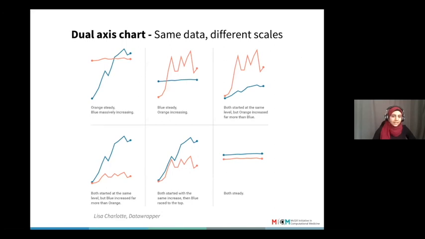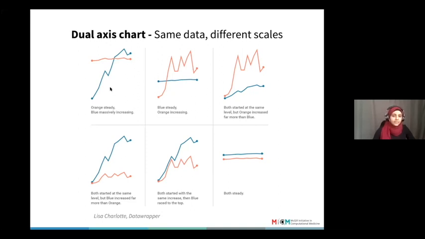A dual axis line chart is where you have 2 data sets, and on the left and right, you'll have 2 different y-axes that have different units, and you'll be plotting that data on top of each other. Here's an example. In this case, there's not the actual drawing of the units on the side, but if we imagine having the exact same data set in these 6 cases, we can manipulate those y-axes in the dual axis chart to tell basically whatever story we want.